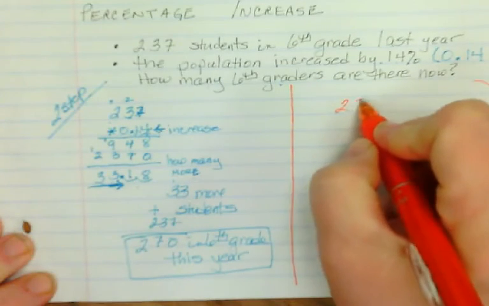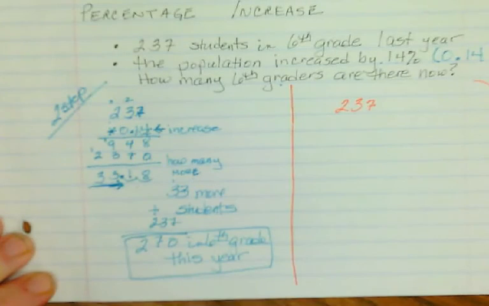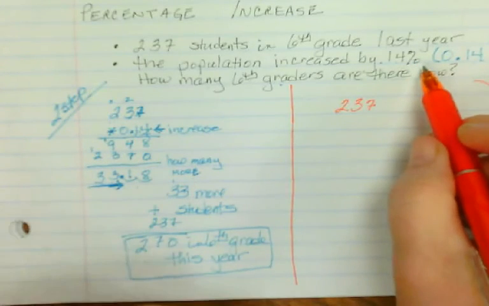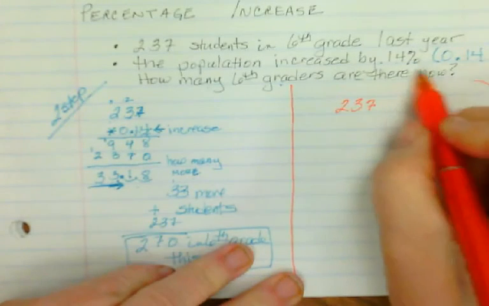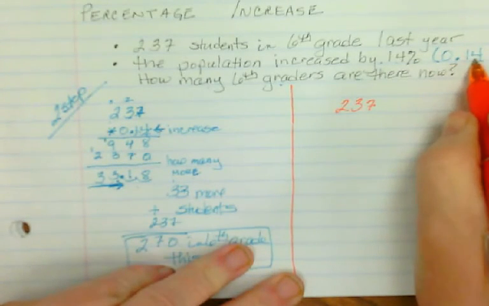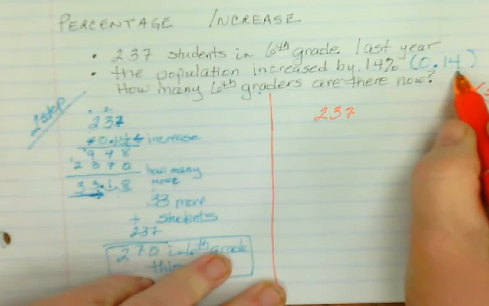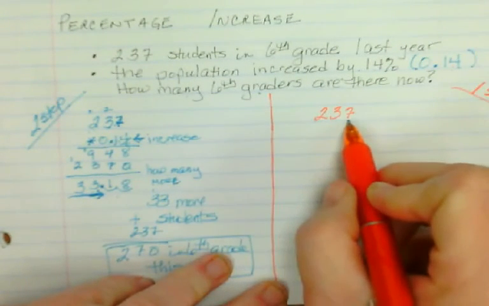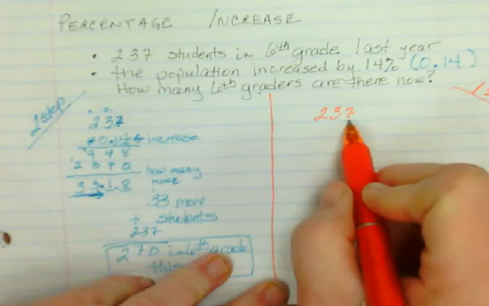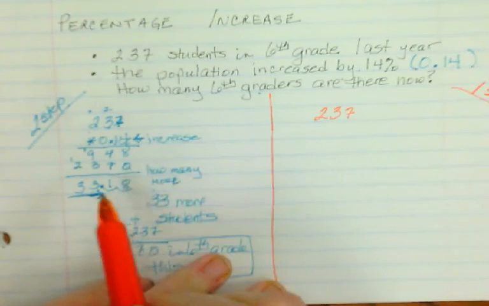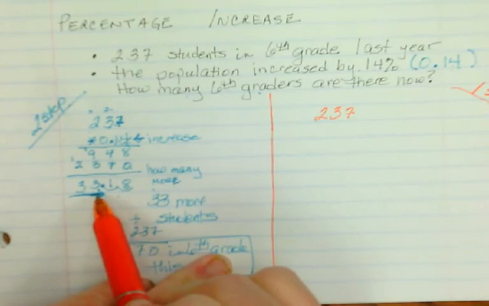I start with my 237 students, and I want to find what the increase is. I've got my 0.14 here. I know that that's my decimal. I want to include 237, because when I did the decimal, I only got those 33.